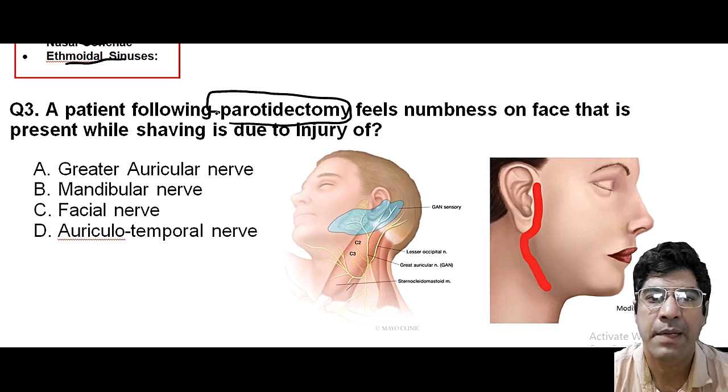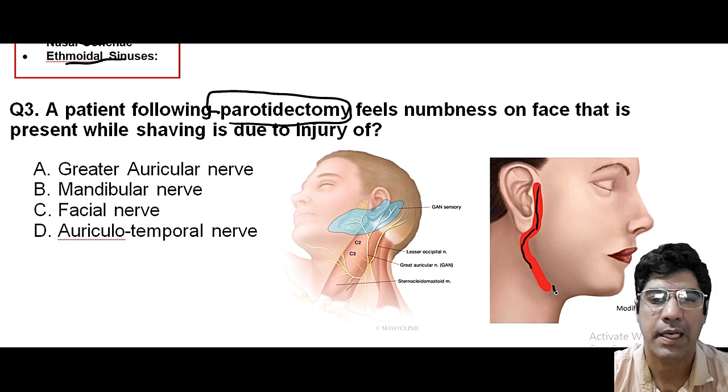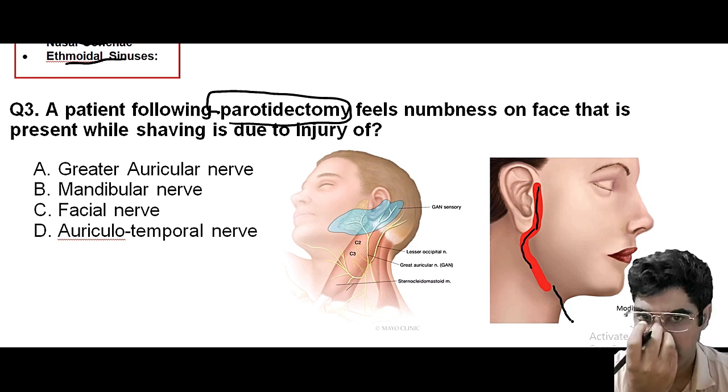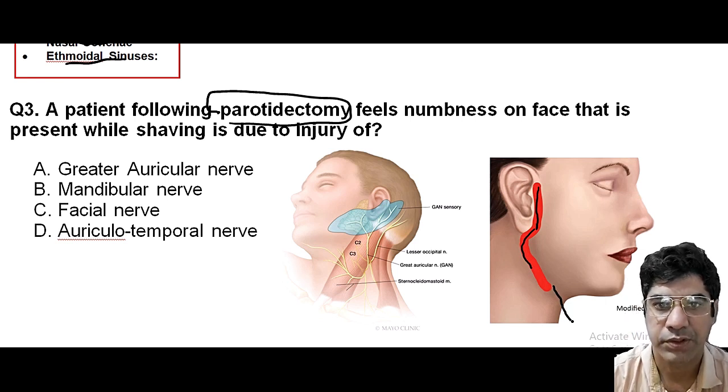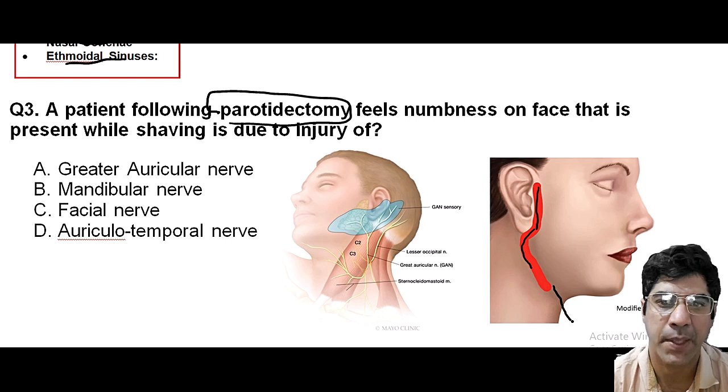the modified Blair incision. That starts in front of the ear, underneath the earlobe, and down into the cervical crease, which is used to get access to the parotid gland. So we know that the great auricular nerve provides sensation of skin over the parotid gland.